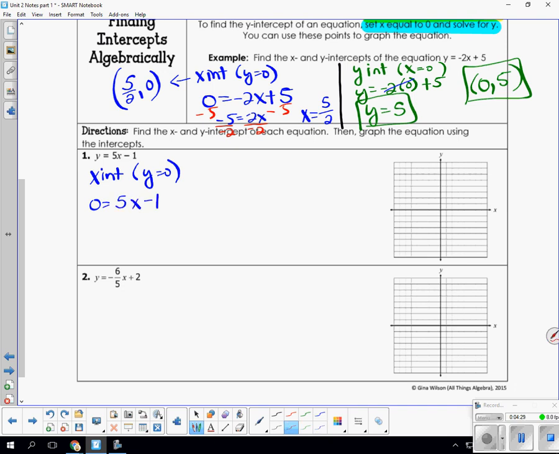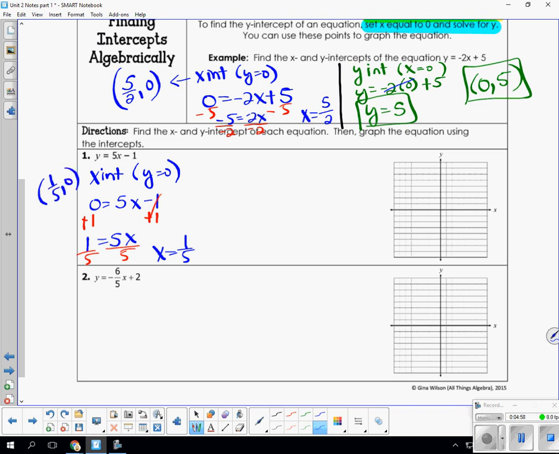To start to solve for x, we're going to add 1 to both sides. That gives me 1 equals 5 times x. Then we're going to divide by 5. And that gives me x equals 1/5. So my x-intercept then is going to be 1/5 and 0.